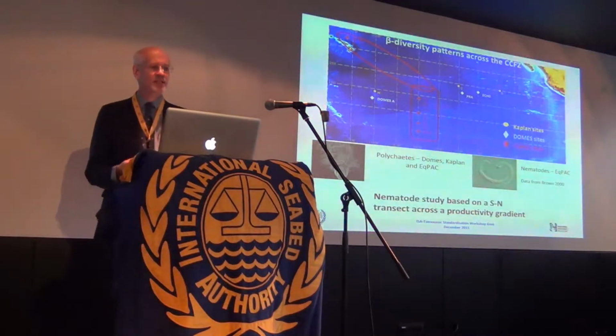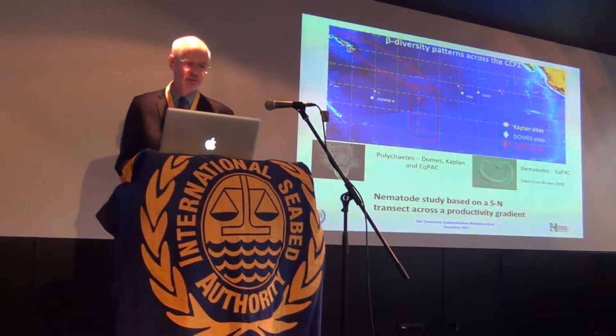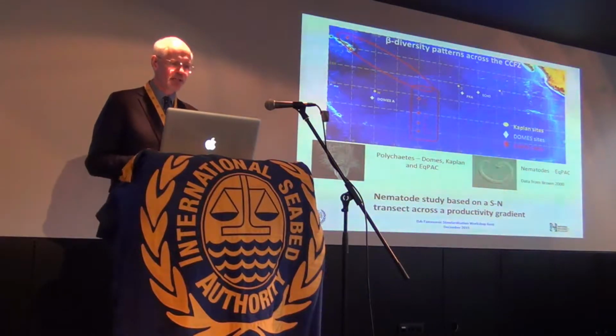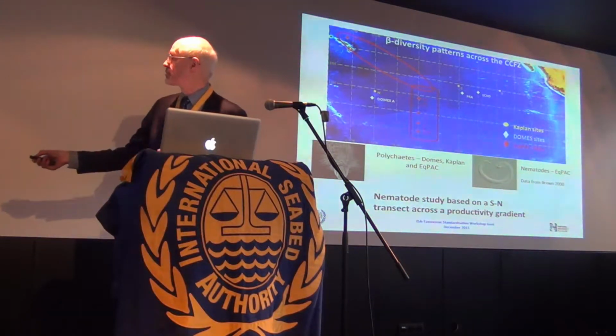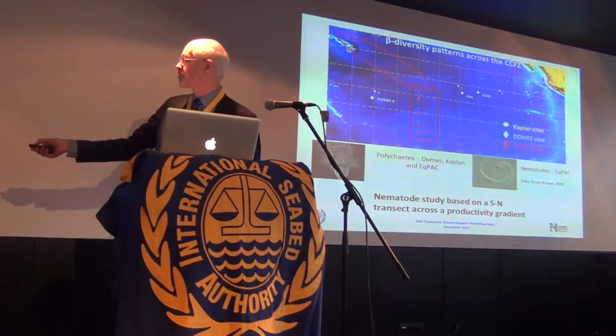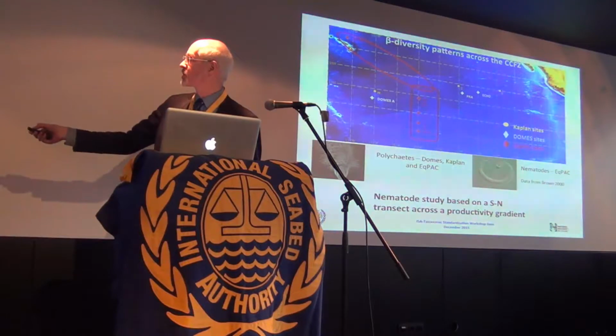If we look at patterns across a manganese nodule field in the manganese province, this is a study of nematode biodiversity across a transect along a productivity gradient. The productivity gradient goes from north to south, so we're going from high productivity areas at the equator, becoming more and more oligotrophic.